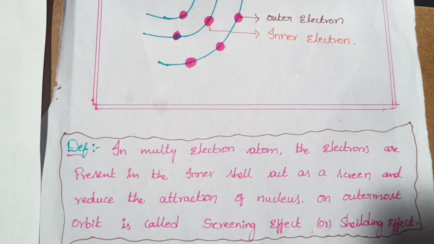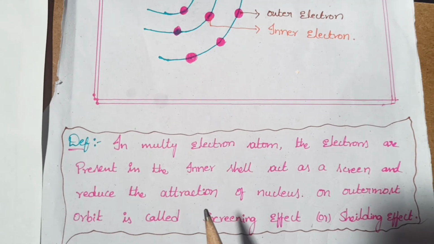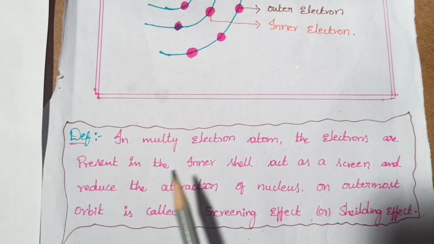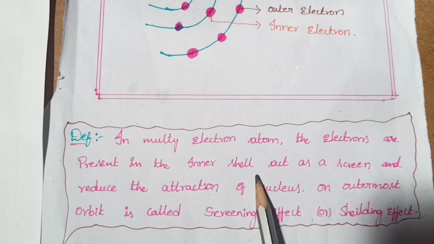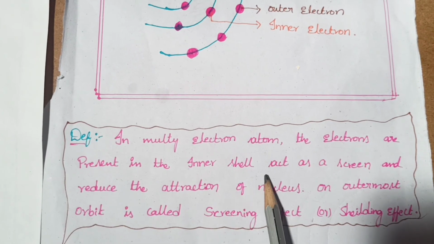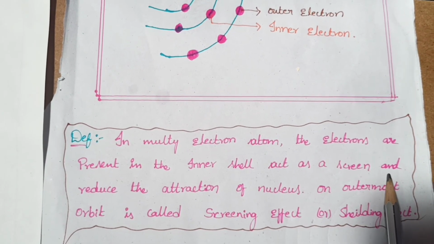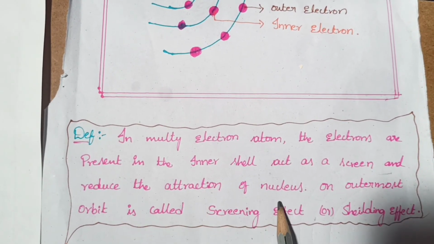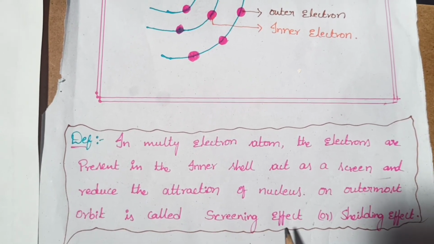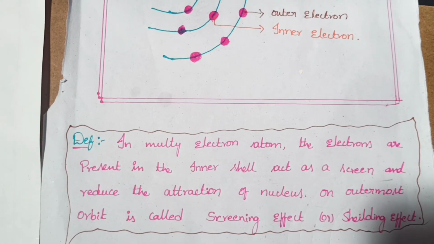Again I am repeating, students, listen carefully to the definition. In a multi-electron atom, the electrons present in the inner shell act as a screen and reduce the attraction of the nucleus on the outermost orbit, called the screening effect or shielding effect.